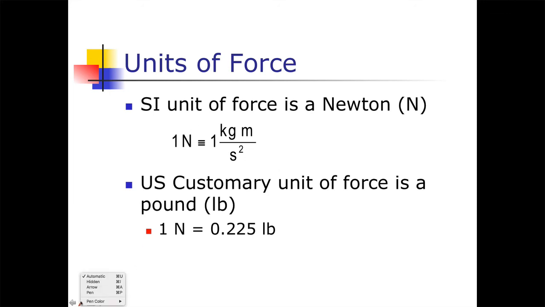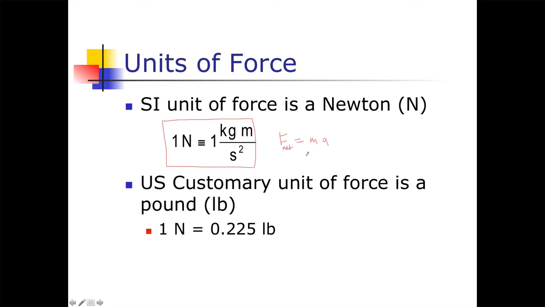We already mentioned the SI unit. The SI unit of force is Newton, and 1 Newton is equivalent to 1 kilogram meter per second squared. Why? Net force is equal to mass times acceleration, right?